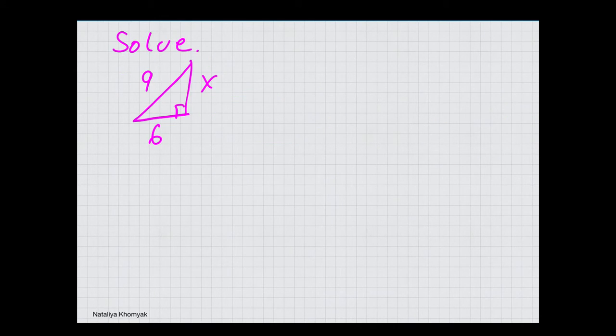Here we have to solve for x, and we know that in a right triangle, c squared equals a squared plus b squared. Now this is c, across the right angle. Let's call this a, this b.